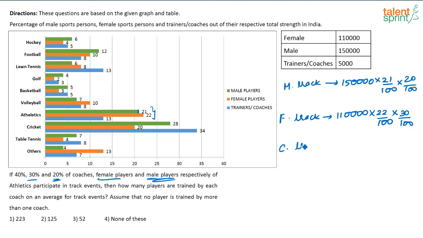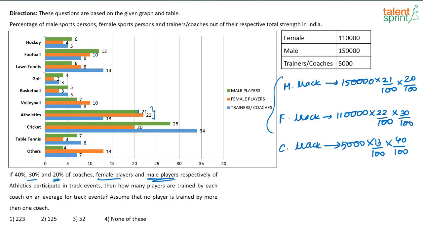Similarly, how many coaches are training for track events? That is nothing but 5,000 into how many coaches? 13% belong to athletics, out of which 40% are coaching for track events. You have to find these three values, and add these two.